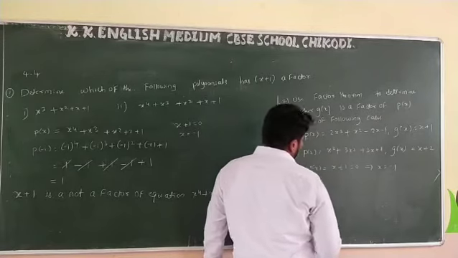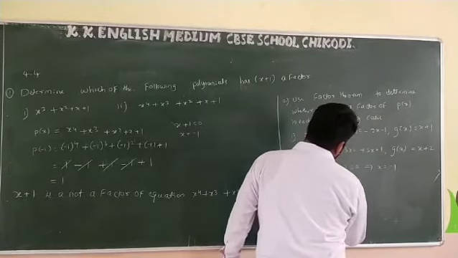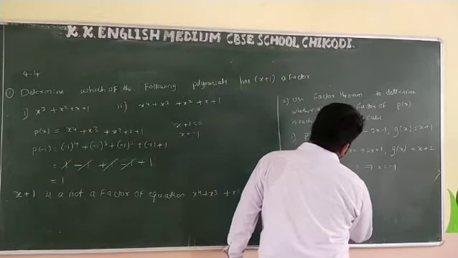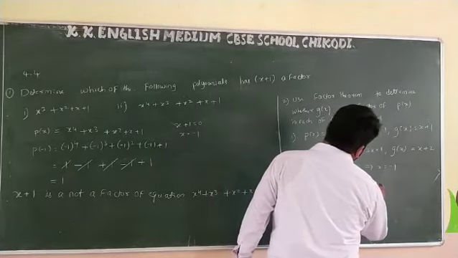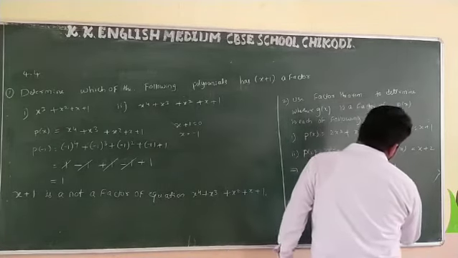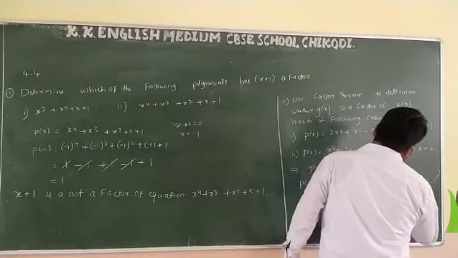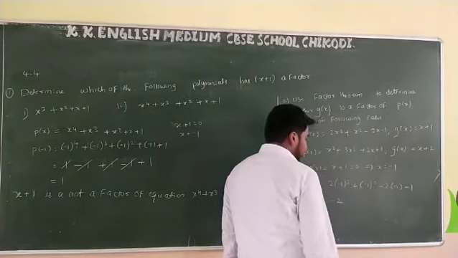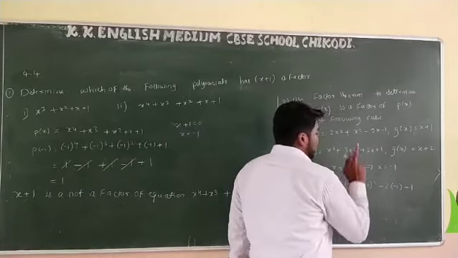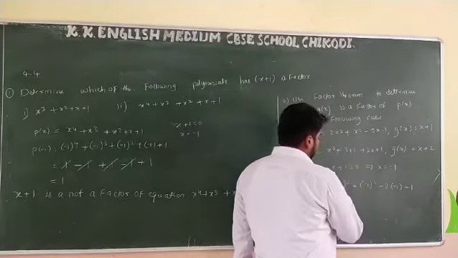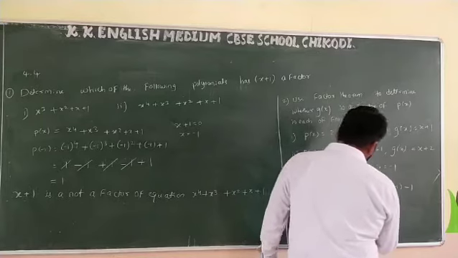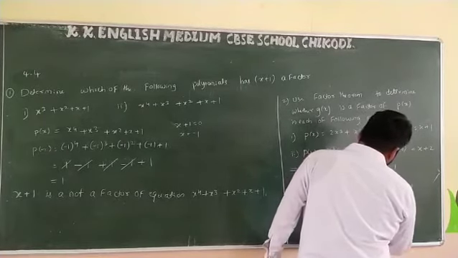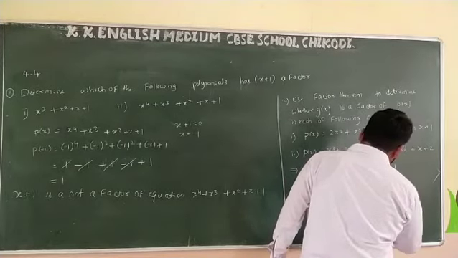P of minus 1 is equal to 2 of minus 1 whole cube plus minus 1 whole square minus 2 of minus 1 minus 1. Okay, so see, you will get this as minus 2. Minus 1 cube is minus 1, minus 1 into plus 2 is again minus 2. This is plus 1, this we get as plus 2, this is again minus 1.